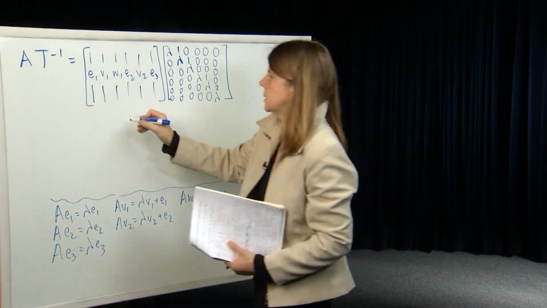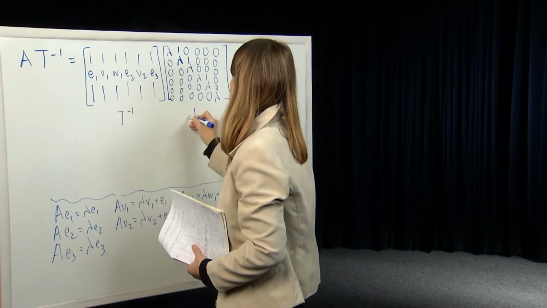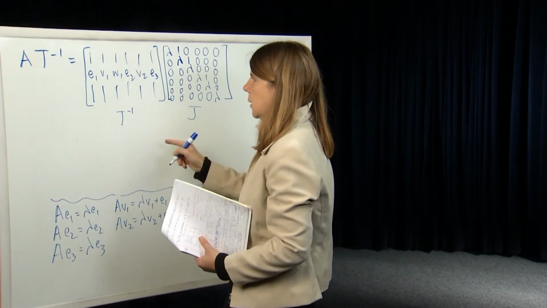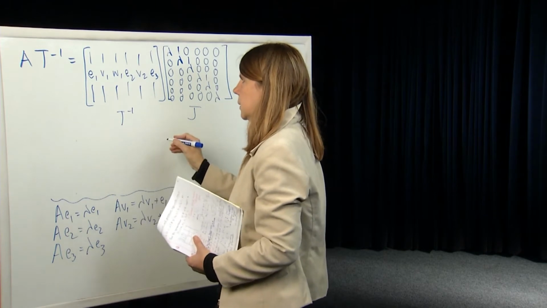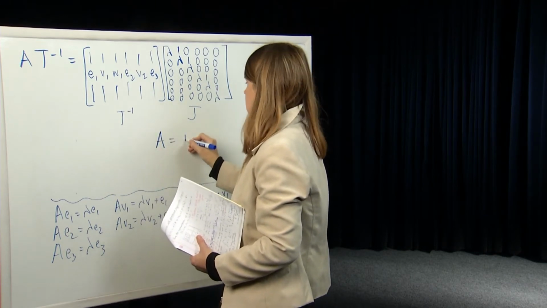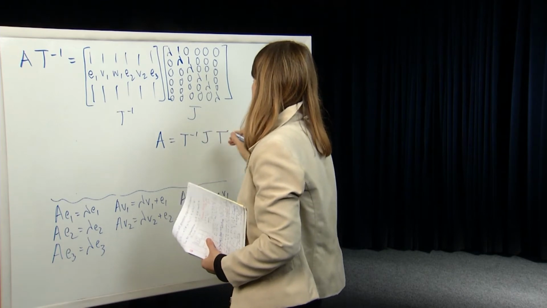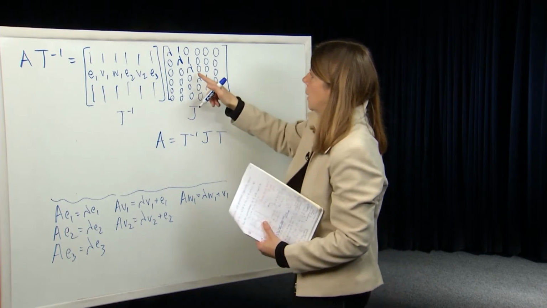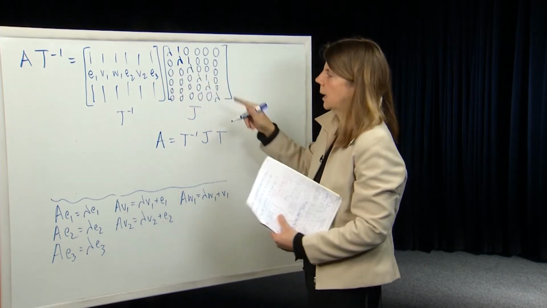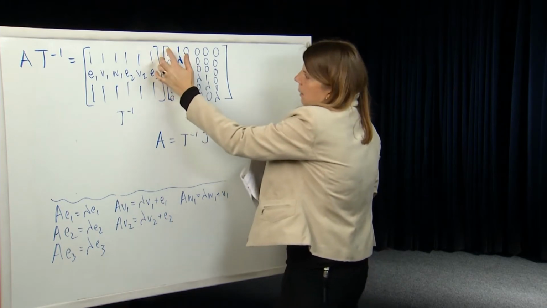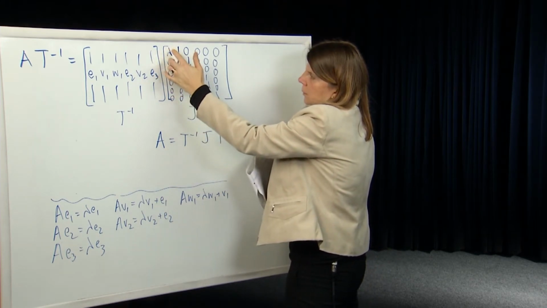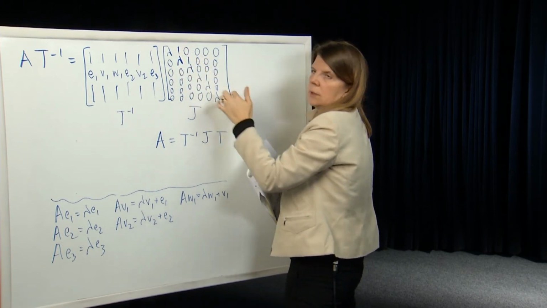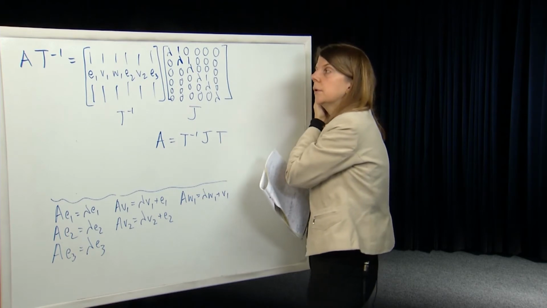So A T inverse is equal to T inverse J, where J is called the Jordan form of the matrix A. In general, we can post-multiply by T, so A is equal to T inverse J T, where J has the following form. It's an upper triangular matrix where we have the eigenvalue lambda on the diagonal, and on the superdiagonal we have either 1s or 0s, and everything else is 0.